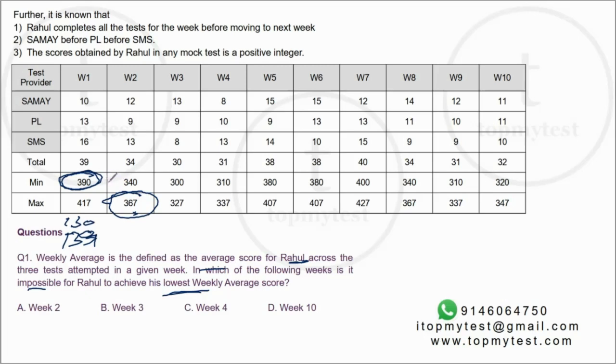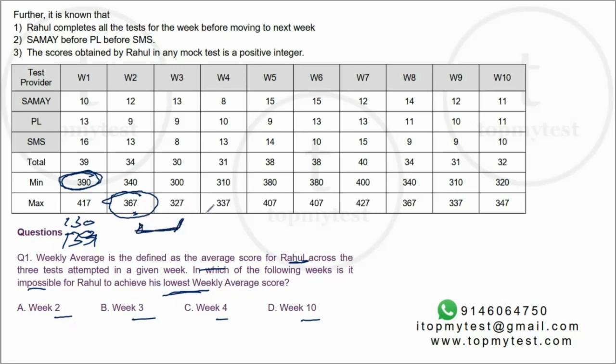So you know for sure that week 1 cannot be lower than week 2, which means week 1 cannot be the lowest across the scores as well. Anyways, week 1 is not in the options anyways, but just to illustrate this point. So you need to check between week 2, week 3, week 4 and week 10. Right. So let's check week 2 and week 3.